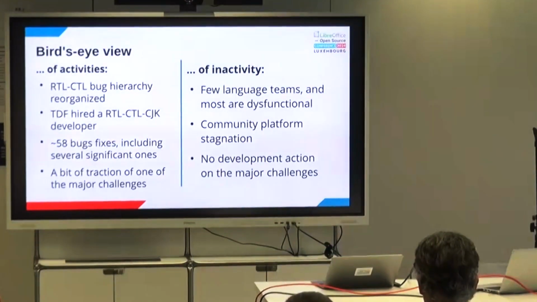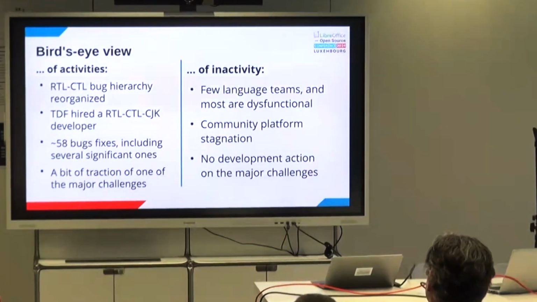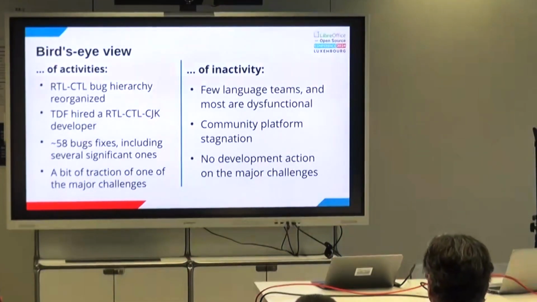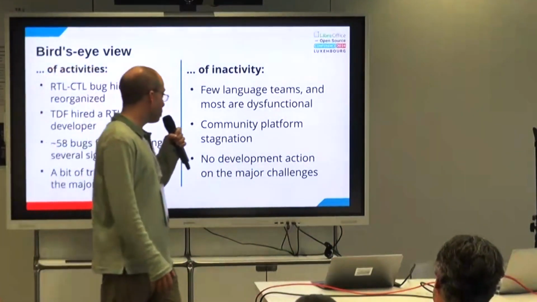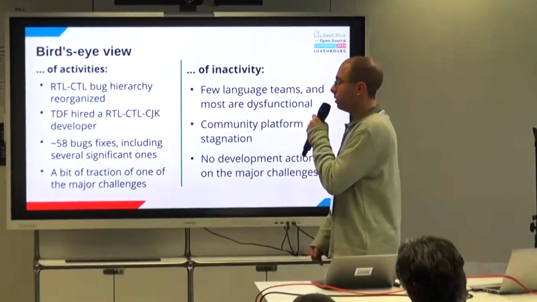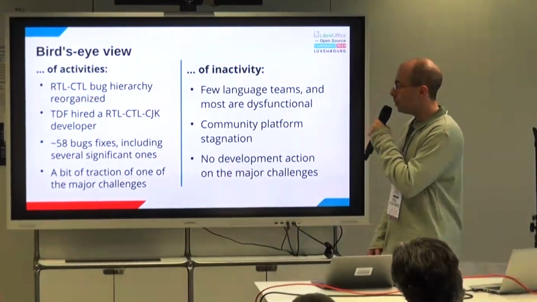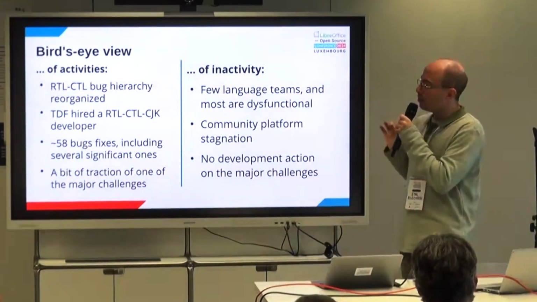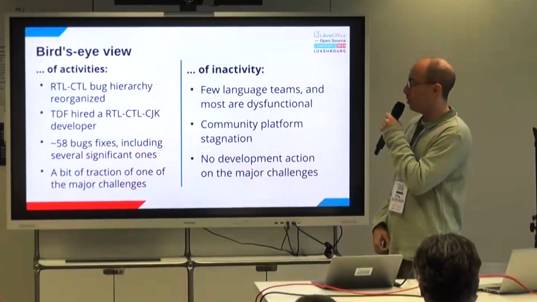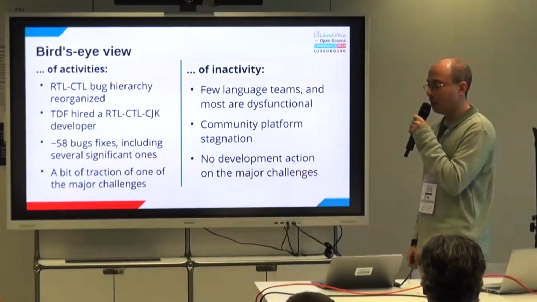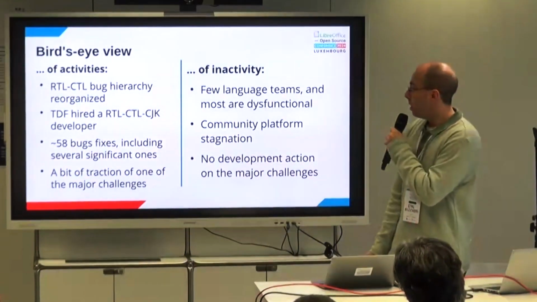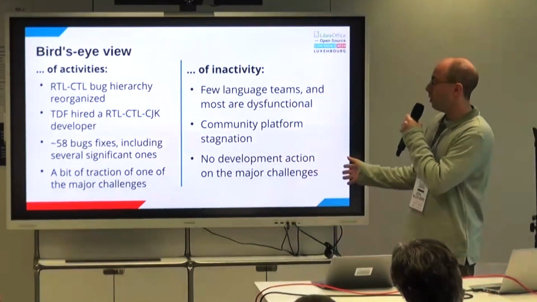The foundation has hired a new developer to work on right-to-left, complex text layout, and East Asian languages. A lot of bugs have been fixed, almost 60, and some of them are quite significant and meaningful, and I'll mention a few. And there's been just a tiny bit of traction on one of the major challenges that I pointed out in the last talk 2 years ago, but there was no development action on that.